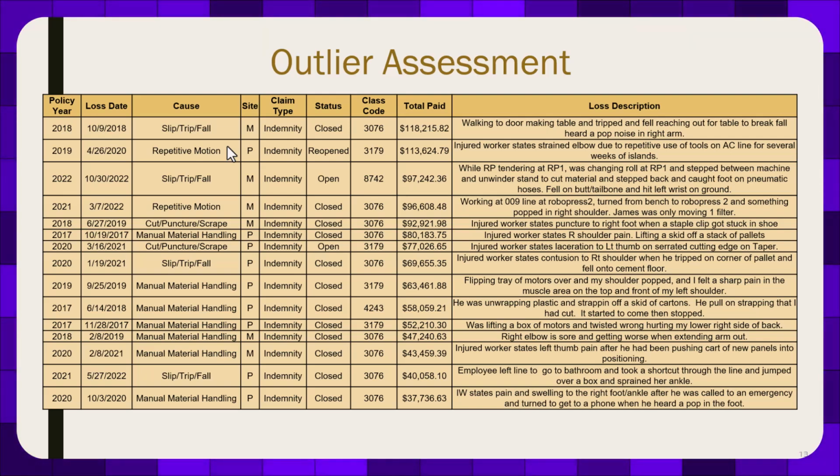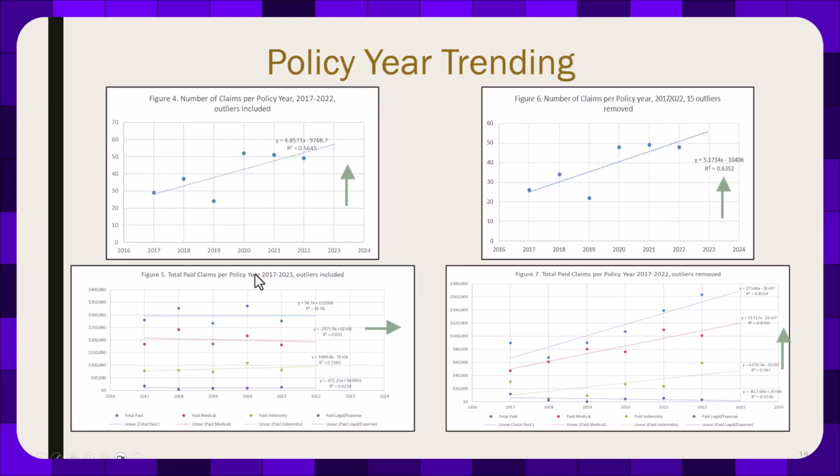Basically, are these unique, or are they right in line with the more common, frequent, low severity claims? If they're the same, then that's interesting, right? Because we will then evaluate these based on the lesser severe, more frequent things. If they're unique, then we need to make extra effort to evaluate the work environment for these types of causes. Okay? I think that's the best way I'd want to say it.